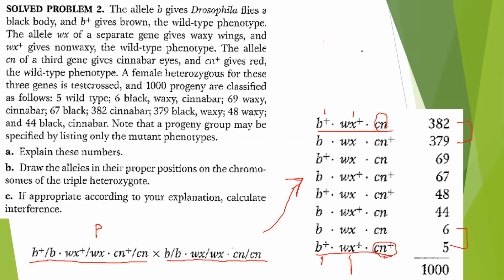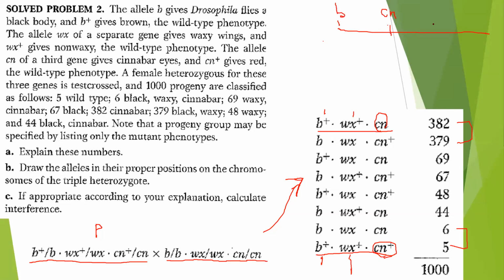If you go back to the previous slides, you're going to see that if you compare the parental type with the double crossover progeny, the only changed locus is the gene in the middle, right?